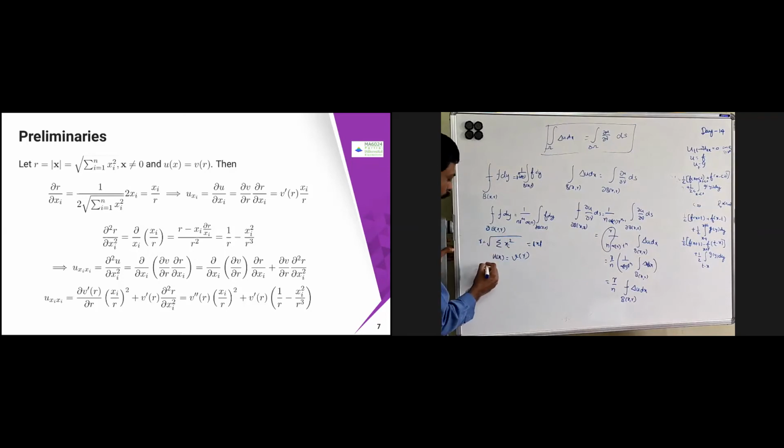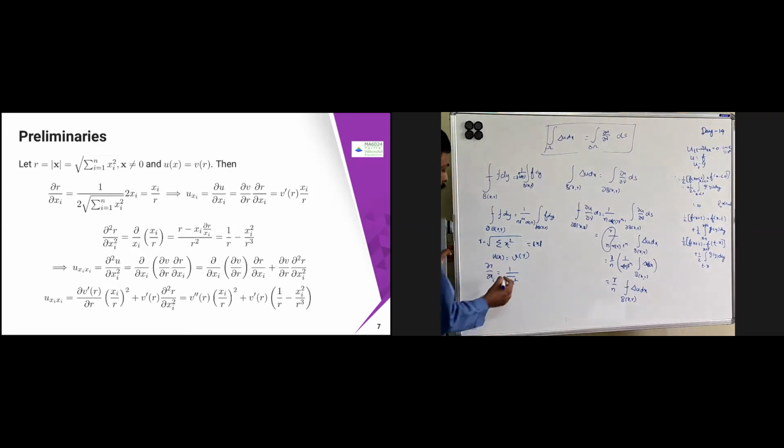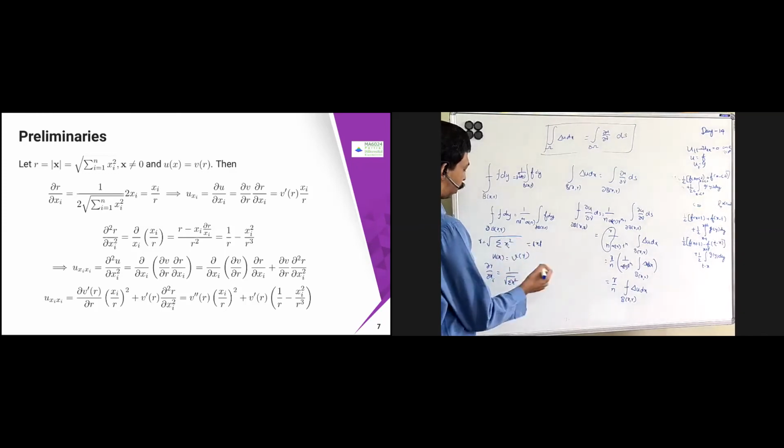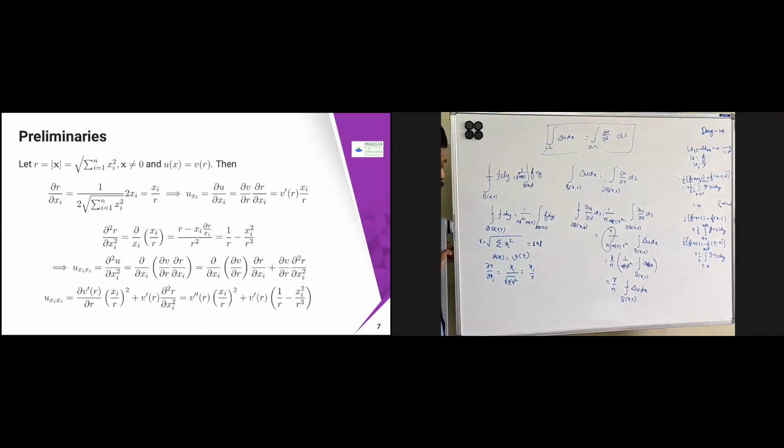Now what is dou r by dou x? Dou r by dou xi we find first. It is going to be 1 by square root of sigma xi square, and 1 by 2 times will come, and one more xi square will be differentiated, so this will become xi. So 2xi will come, the 2 gets cancelled, so you will get xi by r. That is dou r by dou xi.